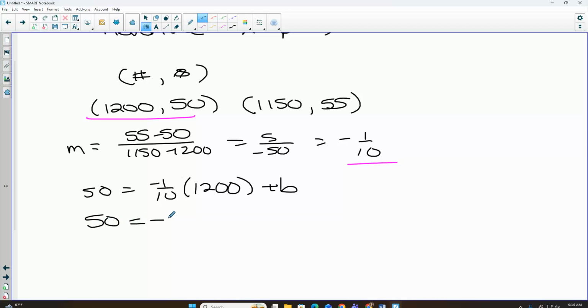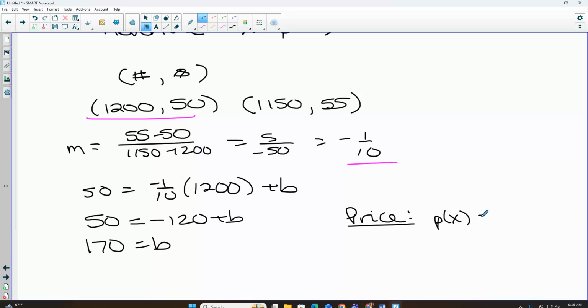And so if we multiply those, b is 170. So our price function, you can call it y, a lot of times we just did p of x, mx plus b, which was 170.